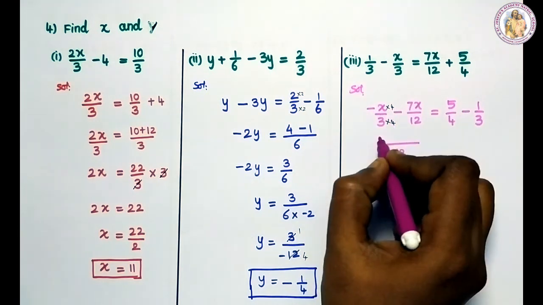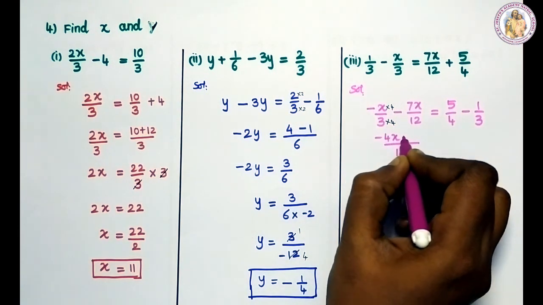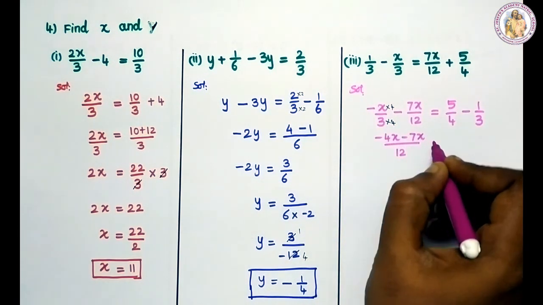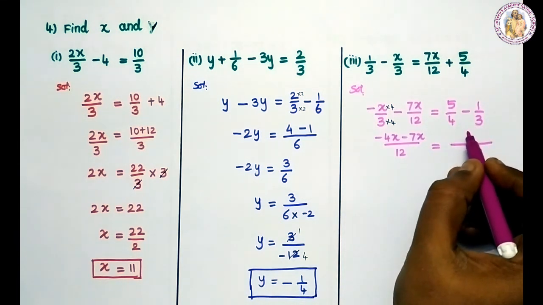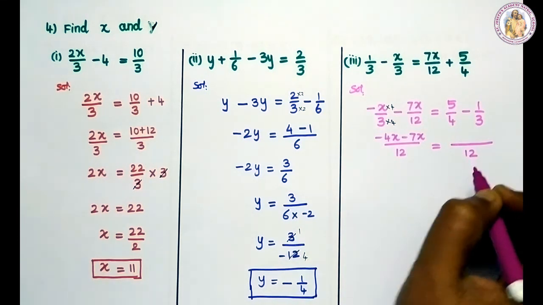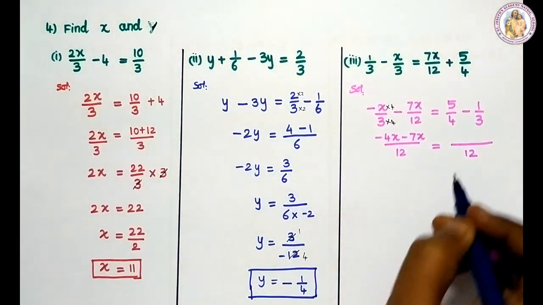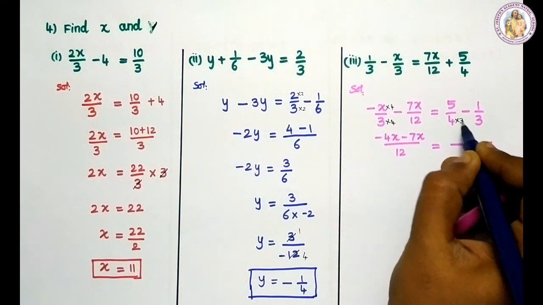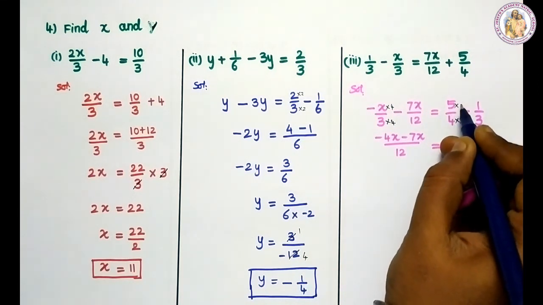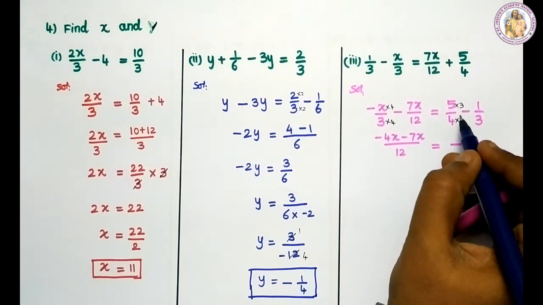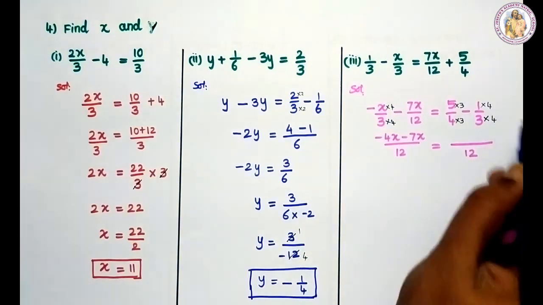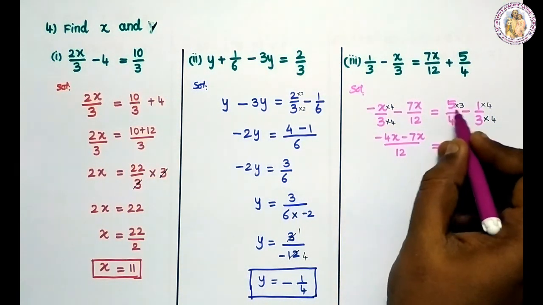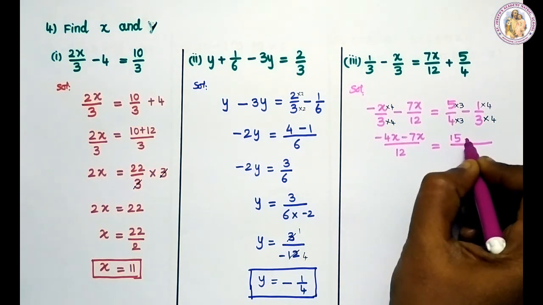So minus 4x minus 7x equal to, take LCM for 4 and 3 means we get 12. Here also multiply with 3 means we get 12. So multiply the same number with numerator also. 4, here also 4. 5 3s are 15 minus 4.